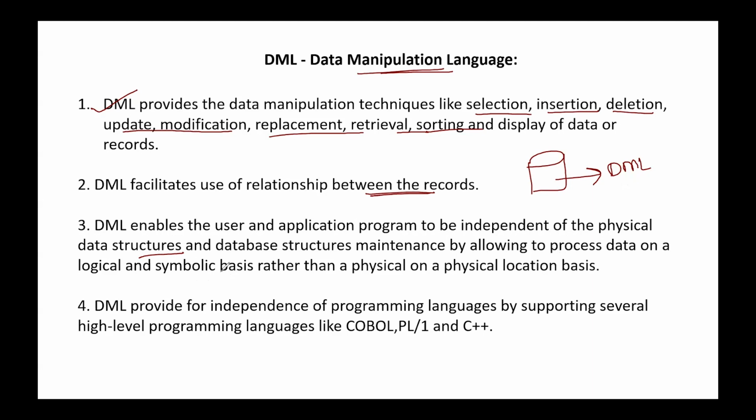So just like our DDL command, even the DML is going to help us in order to achieve the physical data independence. DML provides for independence of programming languages by supporting several high-level programming languages like COBOL, PL1 and C++. So DML also supports the high-level programming languages.